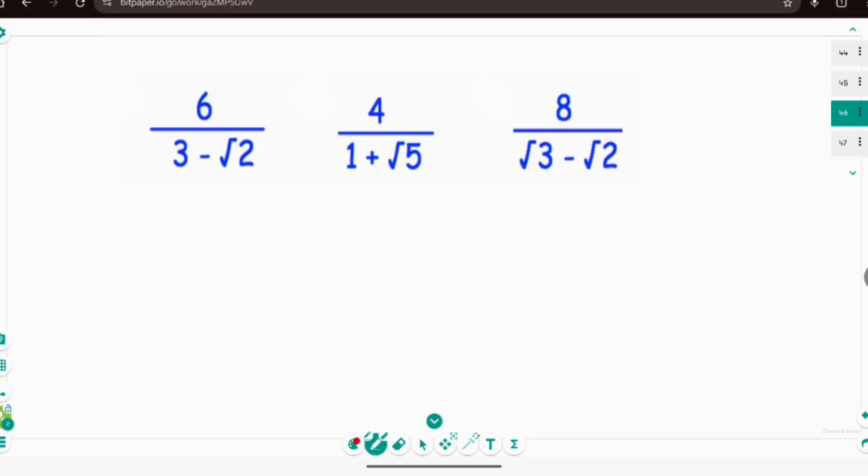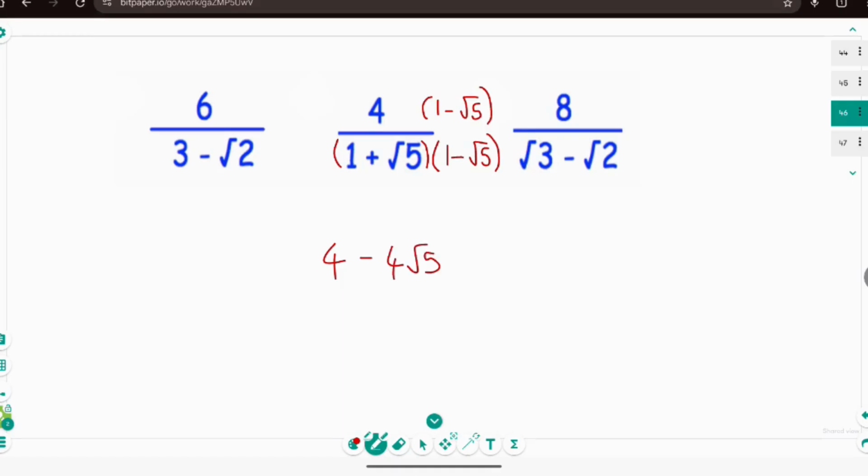Middle one. So I'm going to multiply the denominator by 1 take away root 5. Same with the numerator. For the numerator here, 4 times 1 is 4. 4 times root 5, 4 root 5.